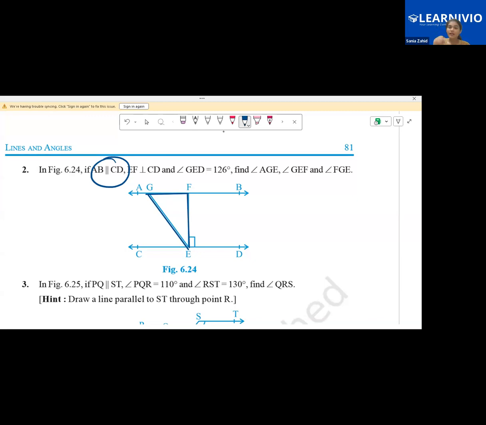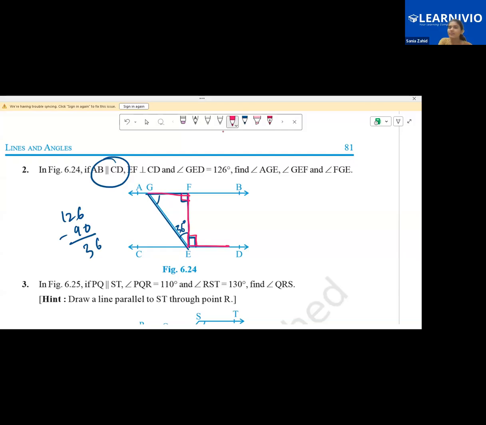Now, children, I know this angle is 90 degrees. This angle was 126 minus 90, which is 36 degrees. This angle we don't know. Can I say that this angle is also 90 degrees? Why? Because there is a Z over here also.